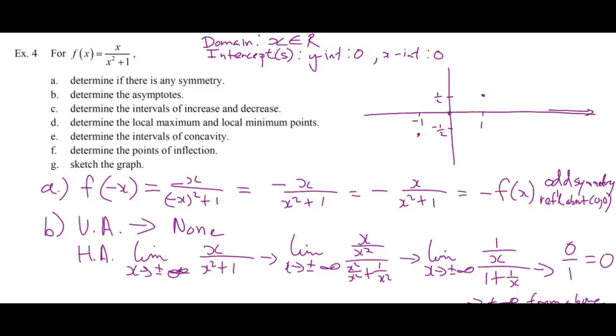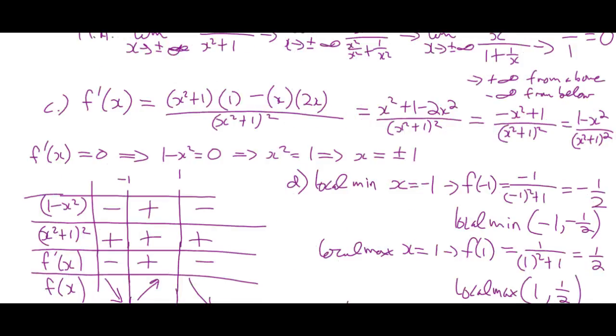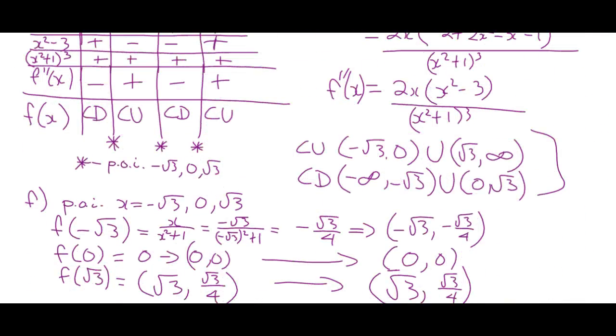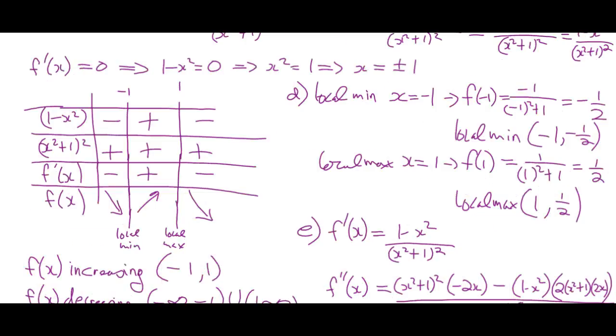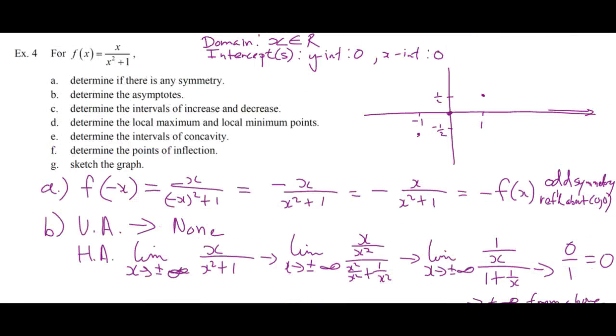Speaking of which, the origin, I believe, is a point of inflection, as is, oh god, so what's root 3 over 4? So root 3 is like 1.7, so slightly less than a half? Yeah, okay, because we're maxing out at a half. So there's a point of reflection at root 3, so that'll be like here. And this will be negative root 3. So let's say kind of here and here.